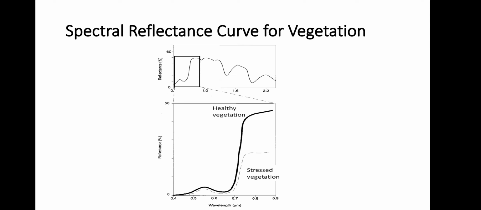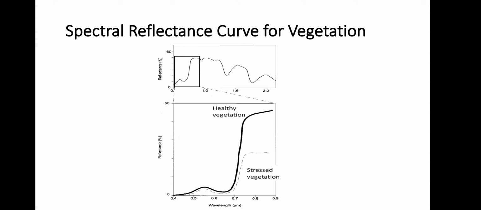As you can clearly see, the difference between healthy vegetation and stressed vegetation. If a plant is subjected to some form of stress that interrupts its normal growth and productivity, it may decrease or cease chlorophyll production. The result is less absorption in the blue and red bands in the palisade.